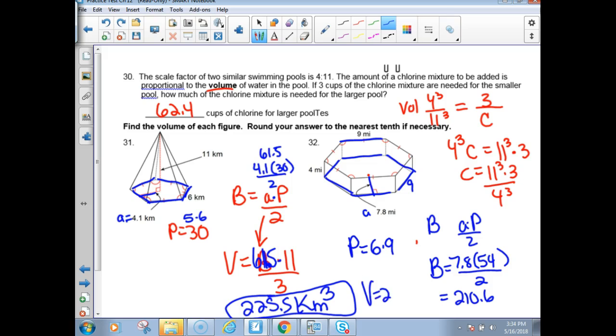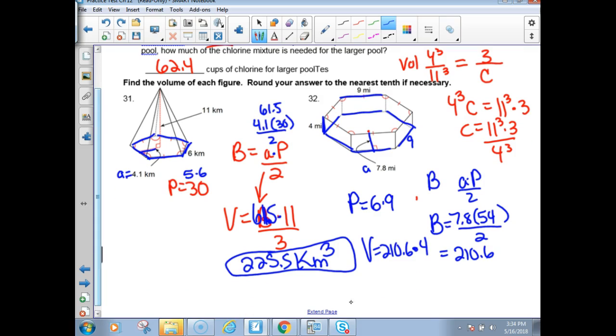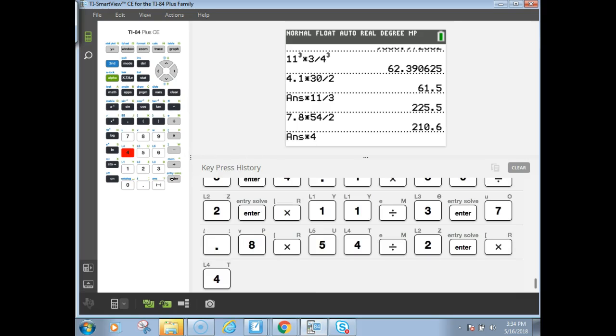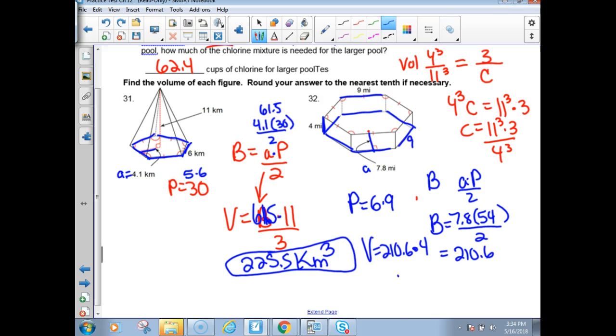Area of the base, 210.6, times the height, and the height is 4. And that would be your volume. So all I have to do is go back to my calculator, multiply that value by the height, 4, and I will be done. No dividing by 3, this is a prism. 842.4 cubic miles.